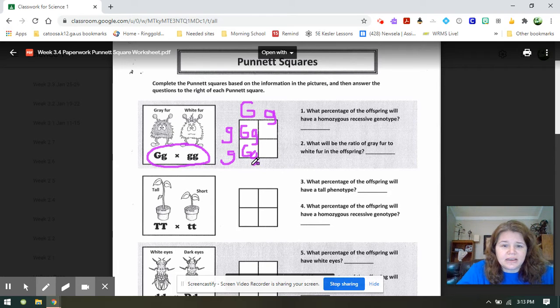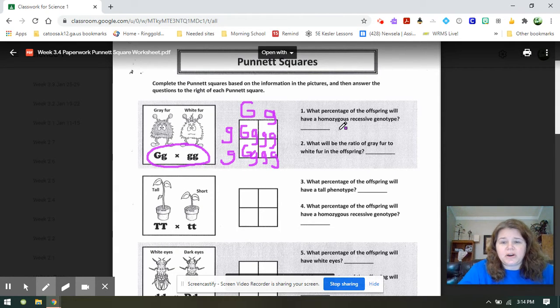So those come out the same. For these next two boxes, if we take this little g across, I'm trying to write this with my finger here, it's not the easiest. And then we take these two little g's across to join with the one from the top, and we see that we have homozygous recessive possibilities over here.